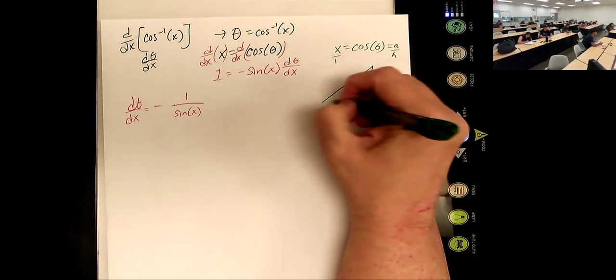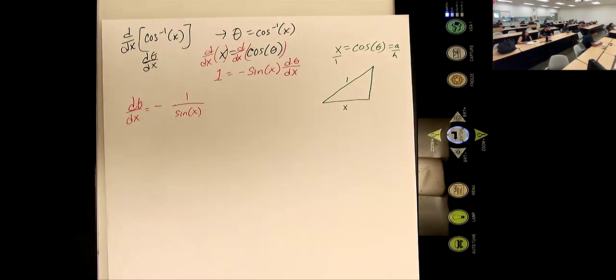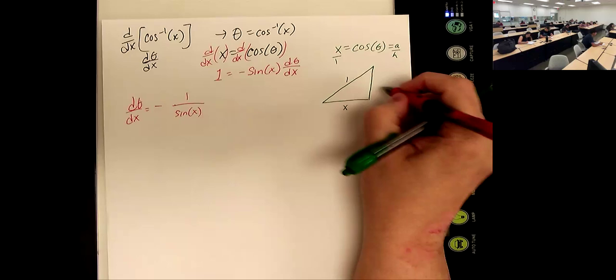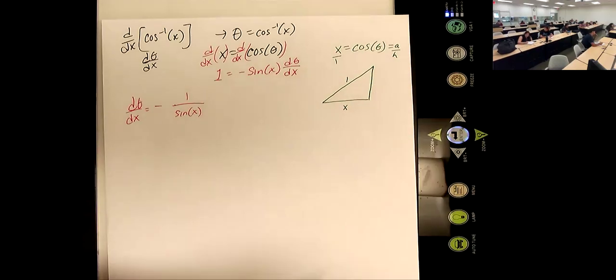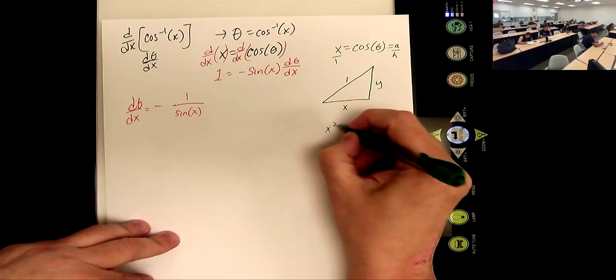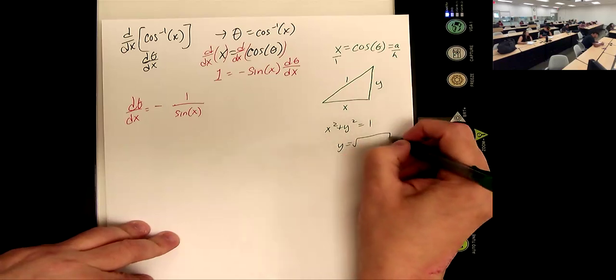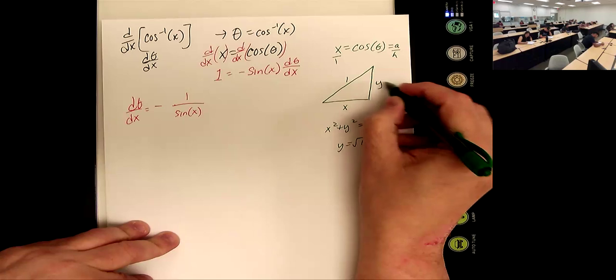So if I make my triangle, x is here, 1 is here. I'll call that y real quick. x squared plus y squared equals 1. Solve for y, you get y equals square root of 1 minus x squared, just like when we did sine.